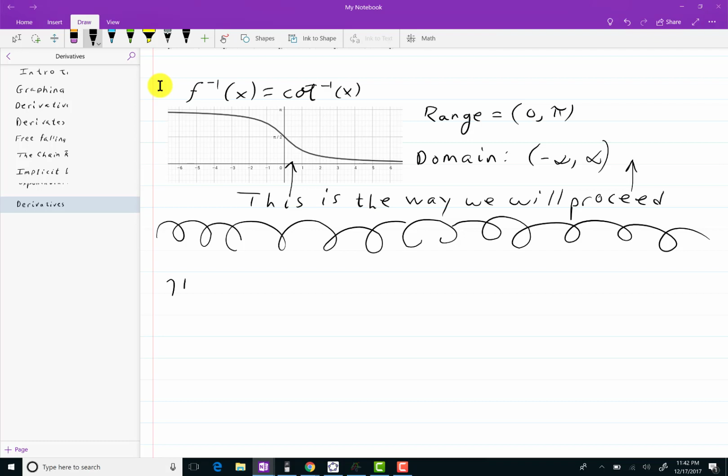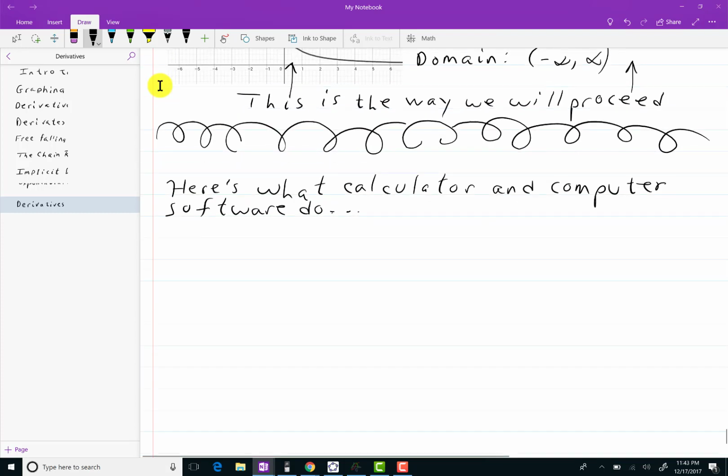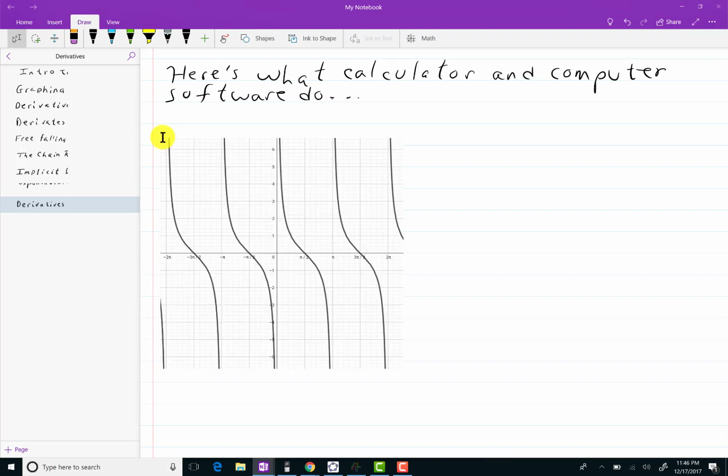Here's what calculator and computer software do. The way they restrict it is completely different than I would have expected.